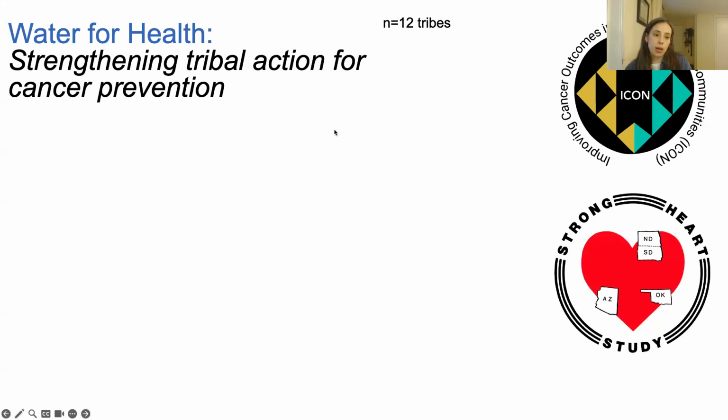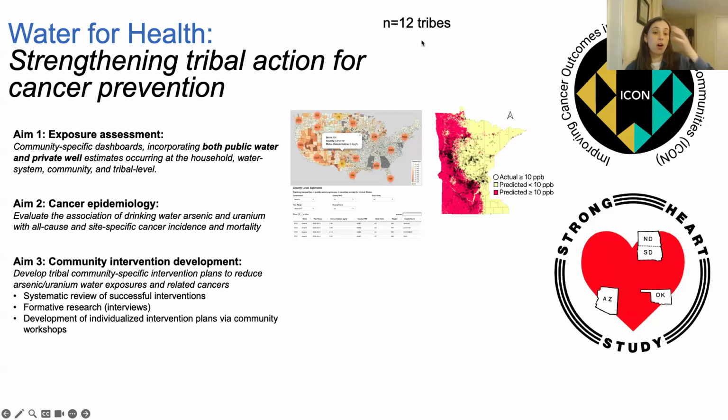This particular project has 3 different aims, all focused around translating the water exposure assessment and epidemiology that we do into intervention planning for the 12 communities. The first aim of this new grant is developing individualized exposure assessments, not just in public water, but also in private water and in groundwater, which is relevant for a lot of our communities, and developing community-specific dashboards for each of the 12 tribes.